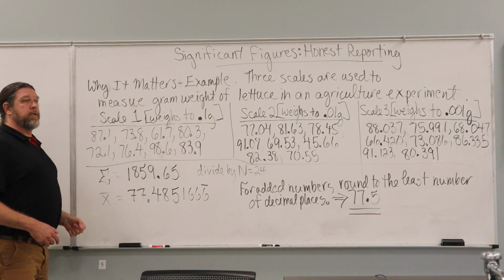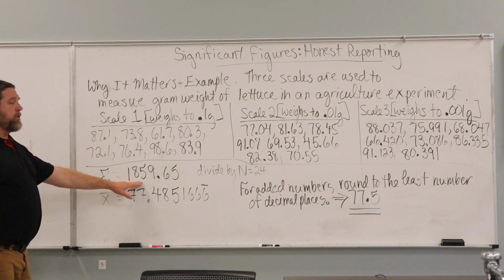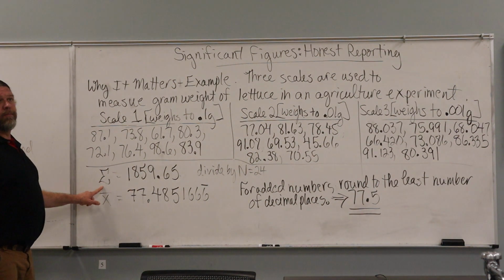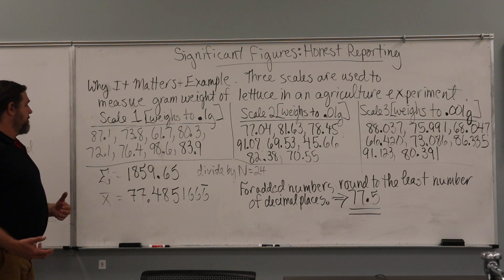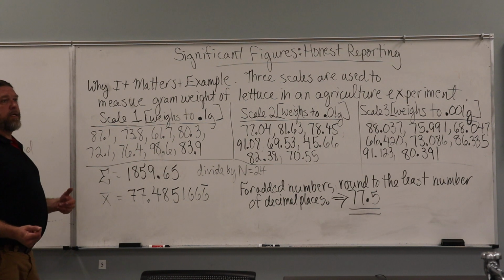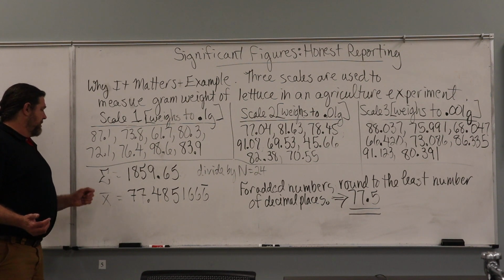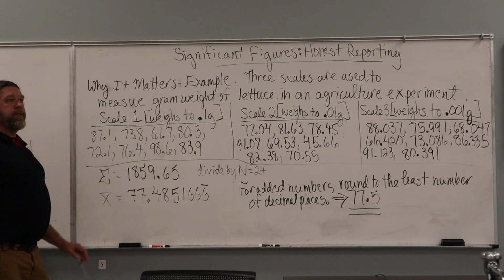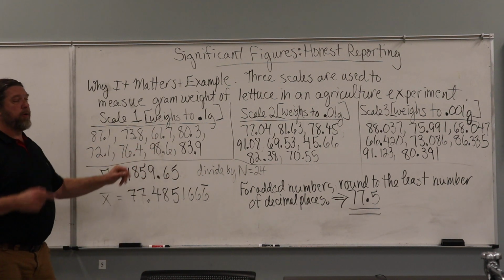So let's say we were trying to get an average. We would add up this data, and I summed it up here. This is the sum symbol, by the way, in mathematics. It was 1,859.65 grams of mass. And we take an average by dividing by 24, because that's the number of data points in this set.